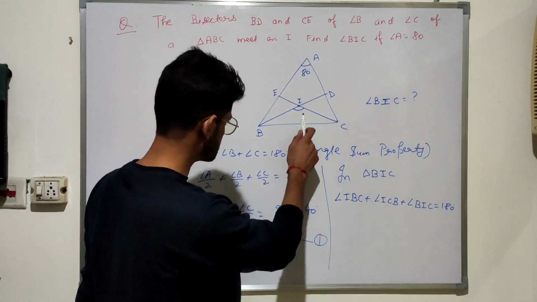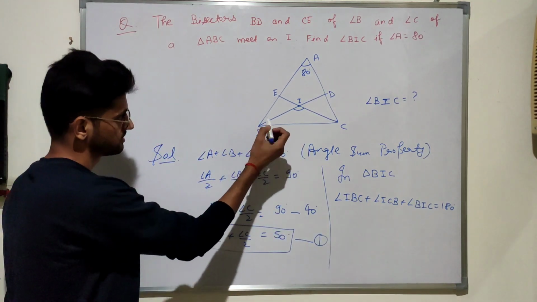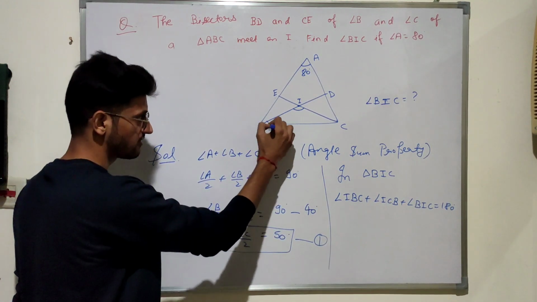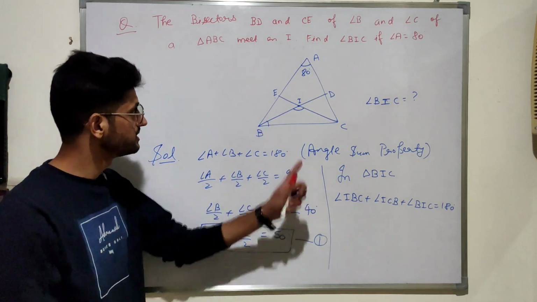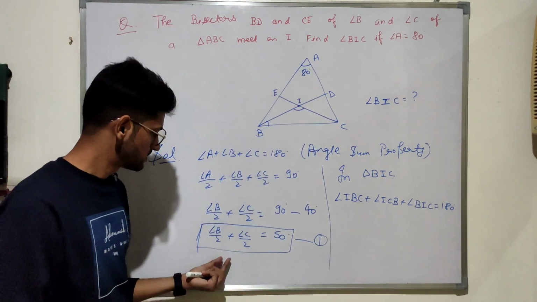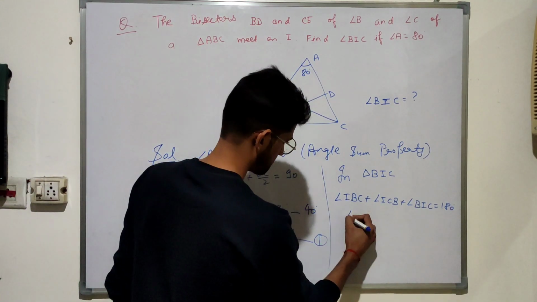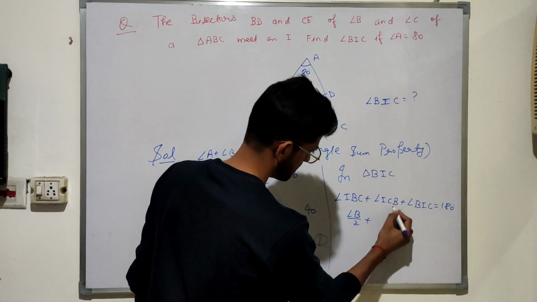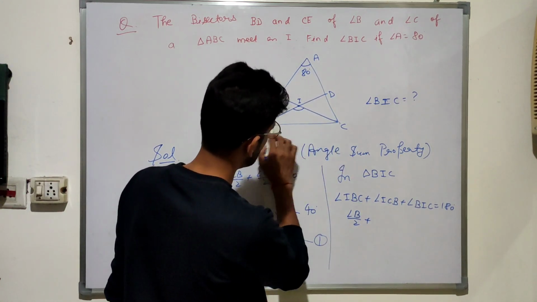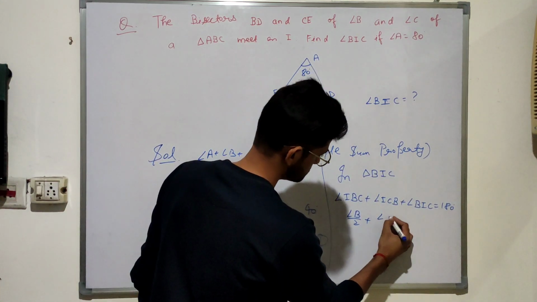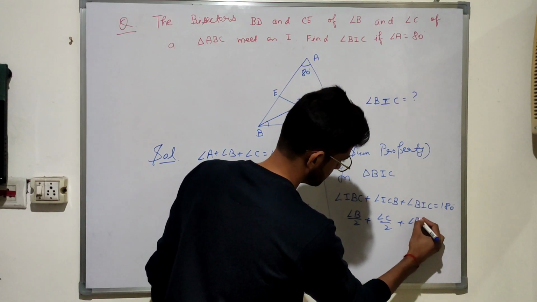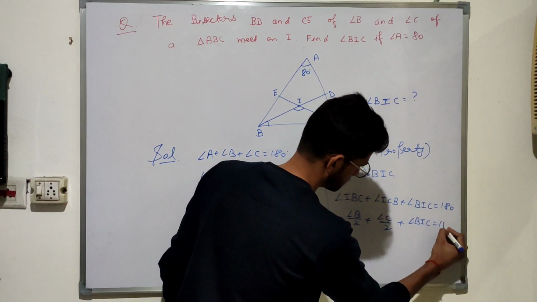Angle IBC is basically half of angle B. This is angle IBC, and this is half of the complete angle B taken from triangle ABC. So it is half of angle B plus this is half of angle C. ICB is basically half of angle C, plus angle BIC, which we need to calculate.